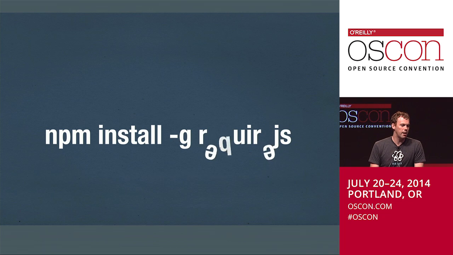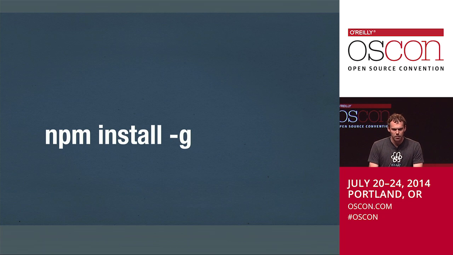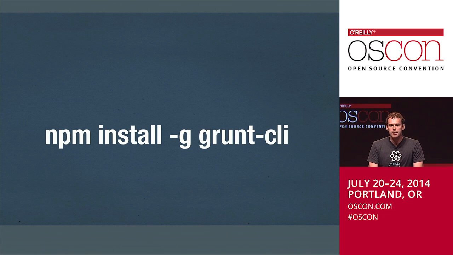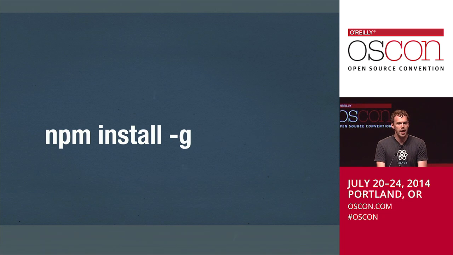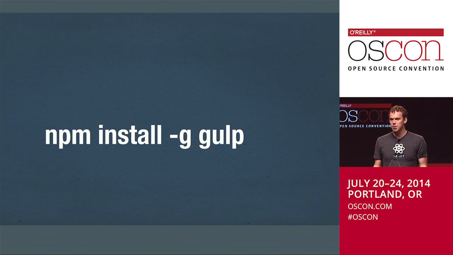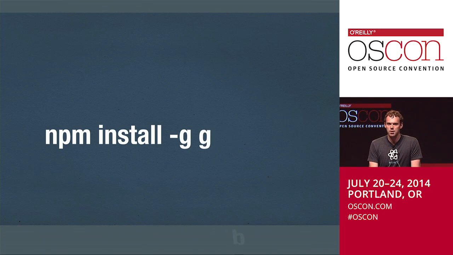So we tried it out, and it didn't really work for us. We looked at build tools, too. Grunt was great for running our tests, but doesn't know about the dependency graph. So we can't optimize it. And Gulp is like a better Grunt because it works on streams, so it performs better, but it still works on the idea of files, not modules in your dependency graph. So again, we can't optimize it. So that was a non-starter for us, too.